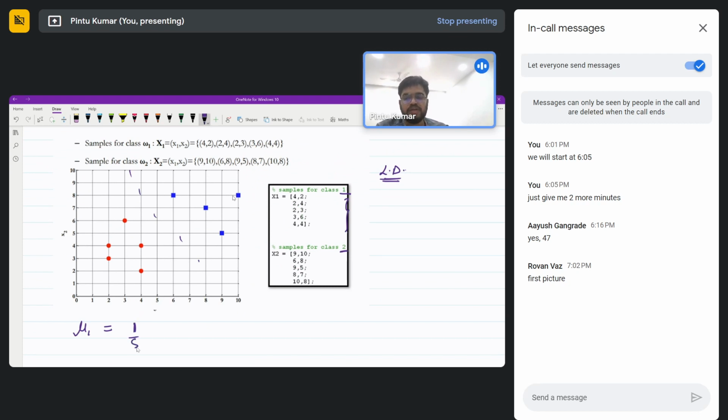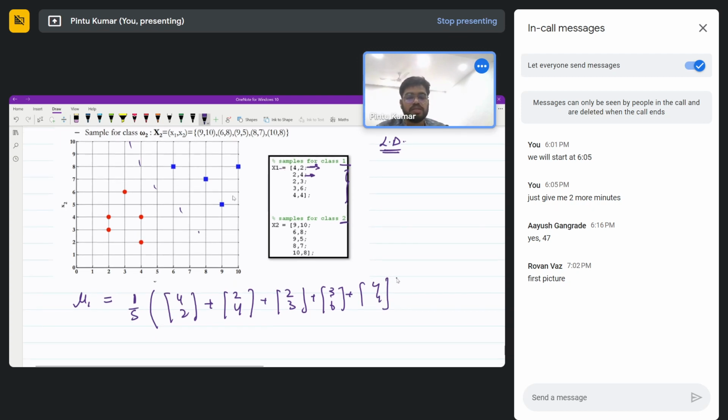So this is 1 by 5 times the summation of xi's. So this is x11, x12. I'll just sum this up. This is 4, 2 plus 2, 4 plus 2, 3 plus 3, 6. These are features; this is one data point, this is the second data point, right? Plus 4, 4.